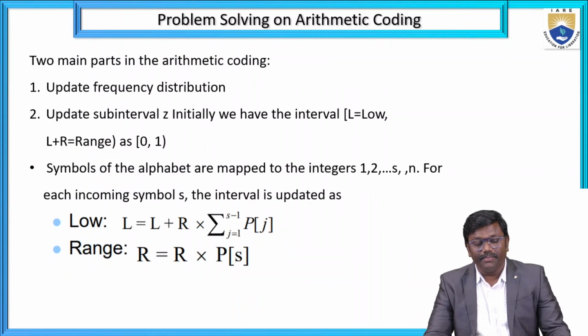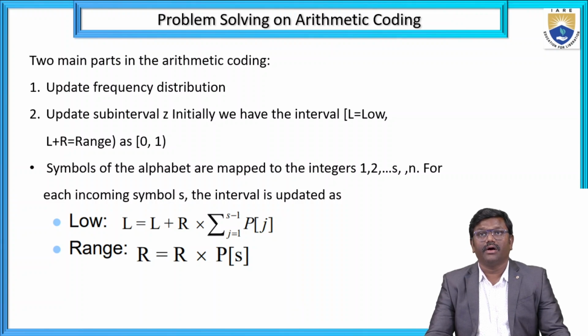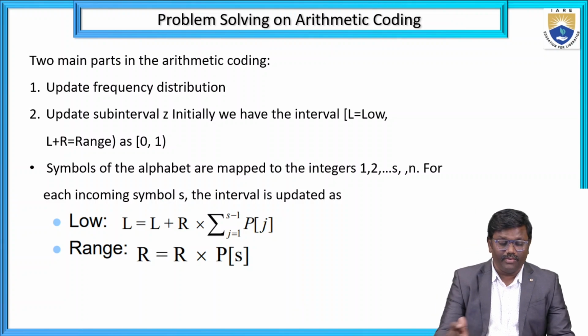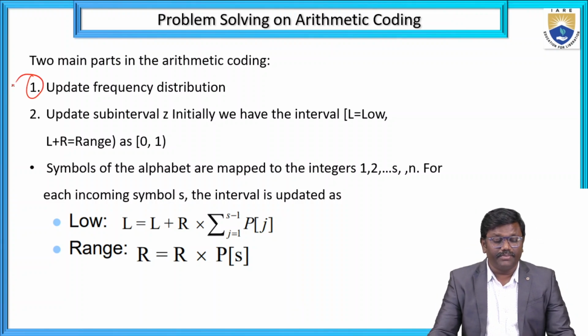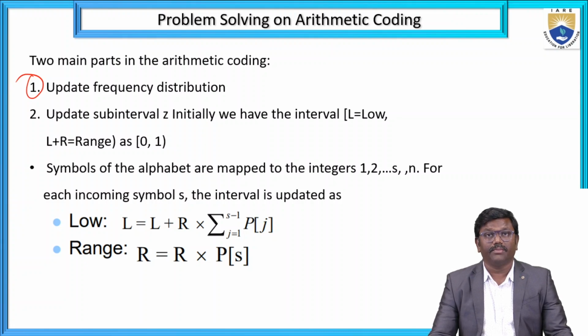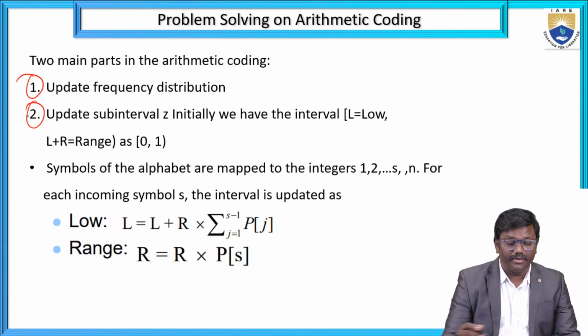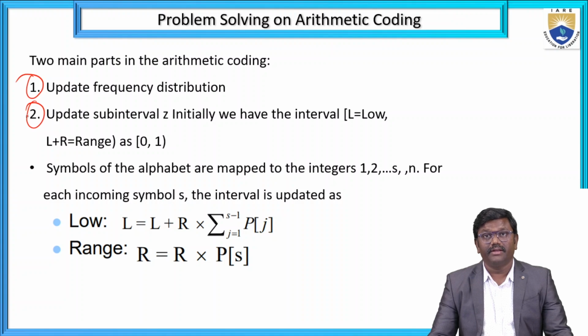The two main parts in arithmetic coding that we are concentrating on are, number one, the updated frequency distribution, and number two, the updated subinterval. Initially we have the interval: L is low, H is high, and R is the range, that is 0, 1. The symbols of the alphabet, S1 to Sn, are mapped to the intervals.